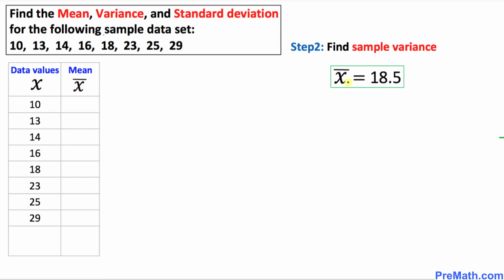And in our previous step, we already figured out which was 18.5. Let me just go ahead and fill out this column by putting 18.5 across the board in each and every cell in this column.